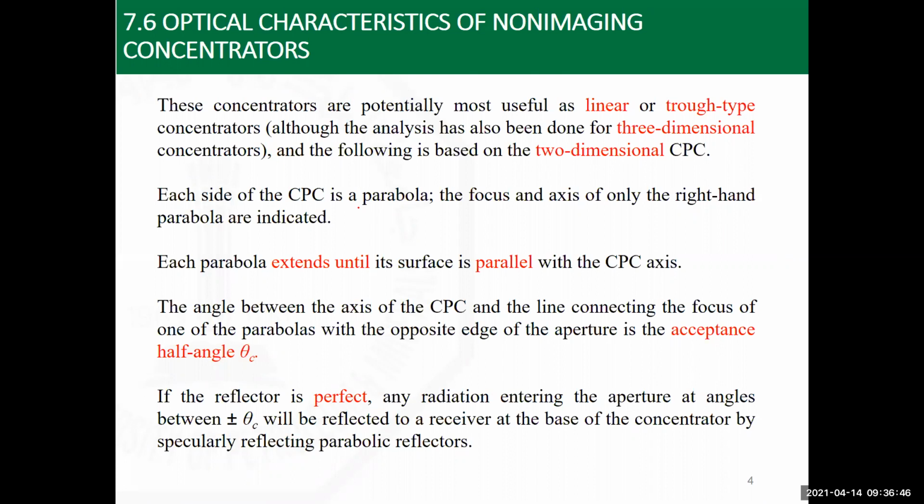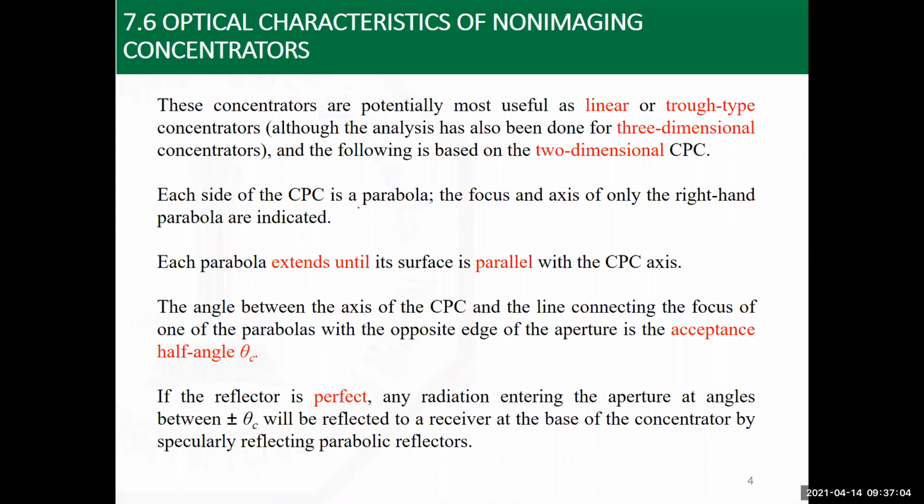If the reflector is perfect, any radiation entering the aperture at an angle within the acceptance angle is going to reach the receiver. It will be reflected to the receiver.